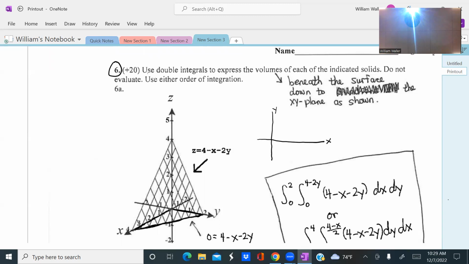So what does that region of integration look like when we draw it the usual way? Let's see. What points are we connecting with this straight line? What is that on the x-axis? 4, yeah. So we're going up to 4 on the x-axis, and what about on the y-axis? 2.